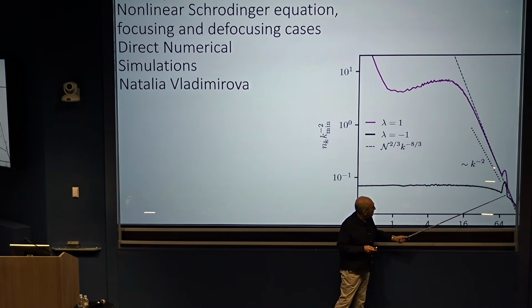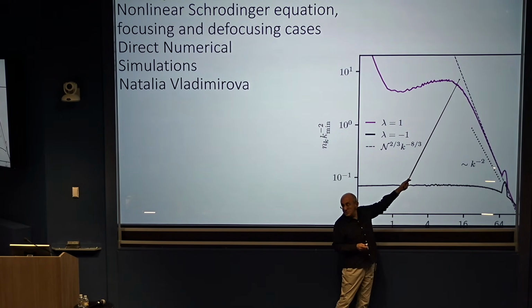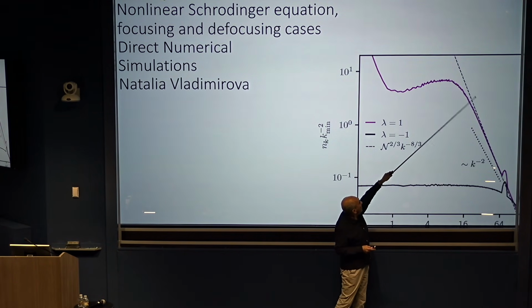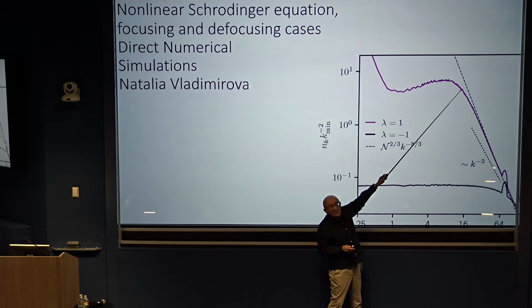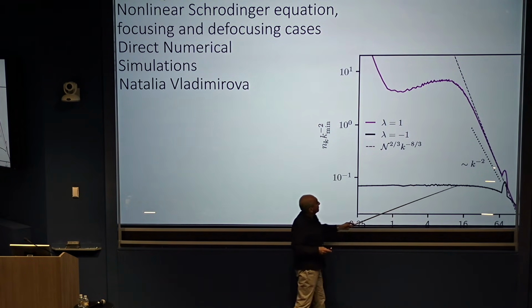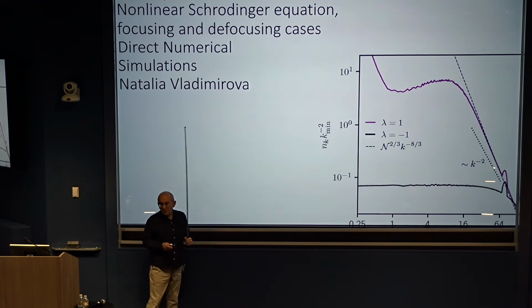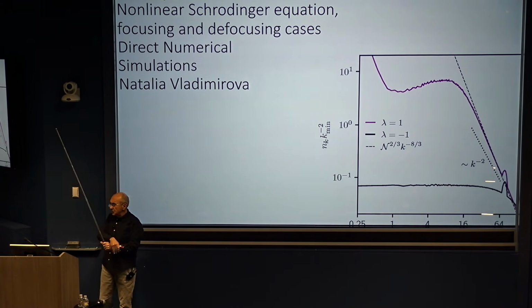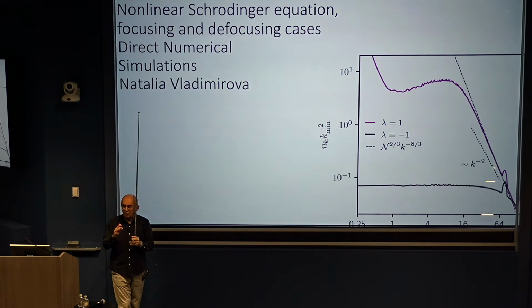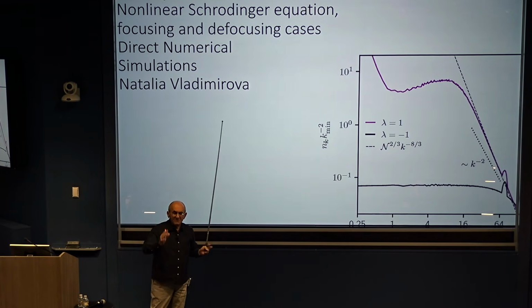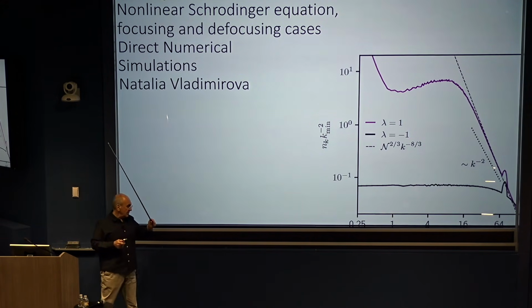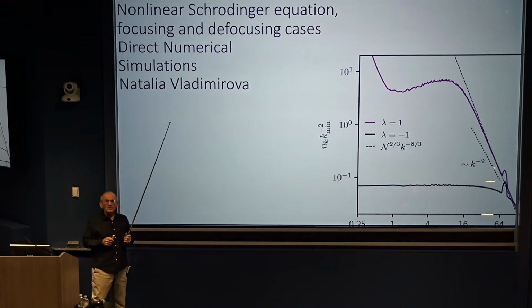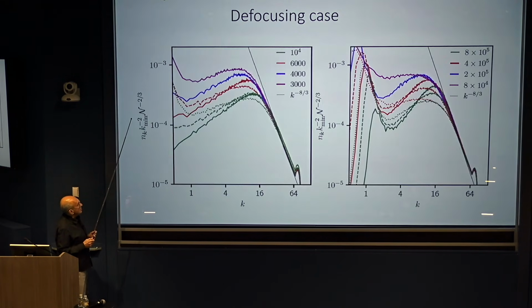It's a pity to waste computing scales, but this is the pumping scale, and then you see the defocusing case goes sharply up, and that's our prediction without any fitting factors. And this is the focusing case which goes into a constant state. So at least on this basic level, we see that the prediction that weak turbulence at large K departs and goes into two different types of universality is more or less supported by numerics.